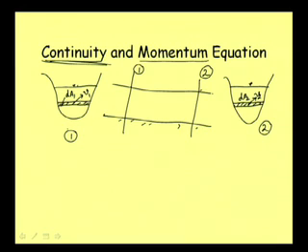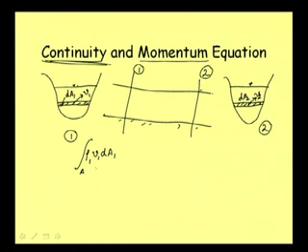Then, using the conservation of mass principle, how much mass is flowing through this section per unit time, that we can find out. That is equal to V1 into dA1, that is the volume flowing through it per unit time, multiplied by rho 1, the density at this particular section, and we integrate it over the area, ultimately over the depth also.